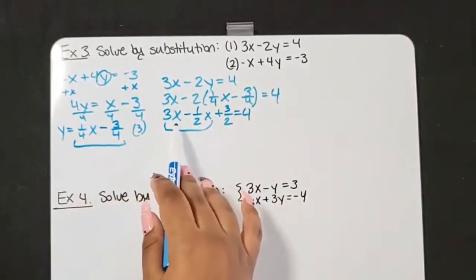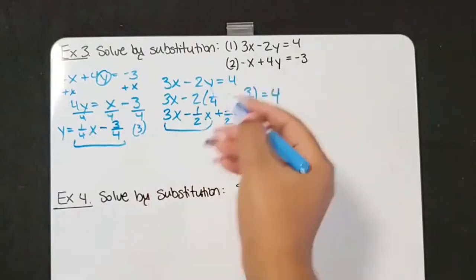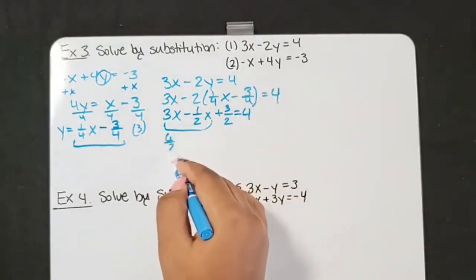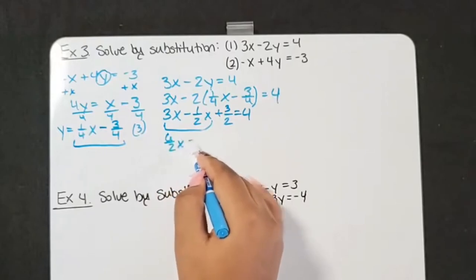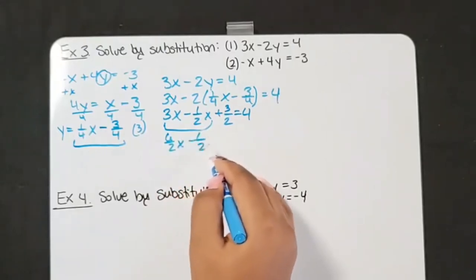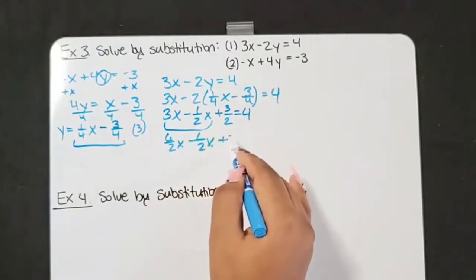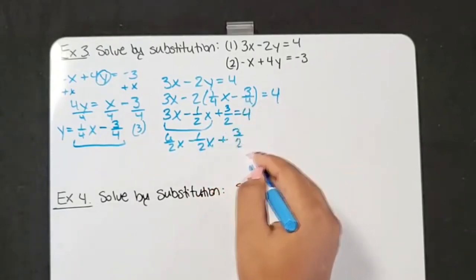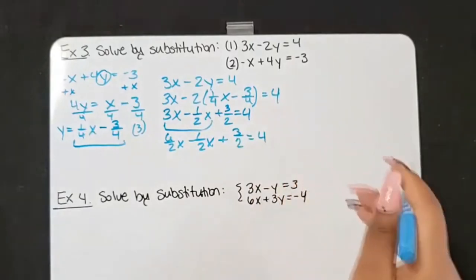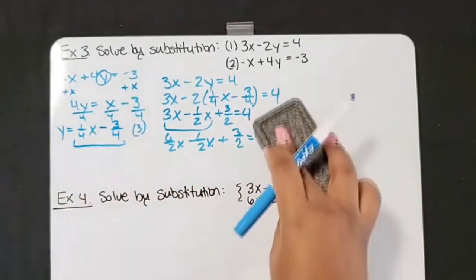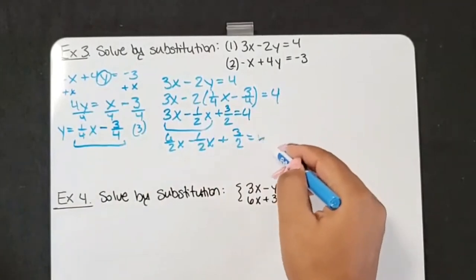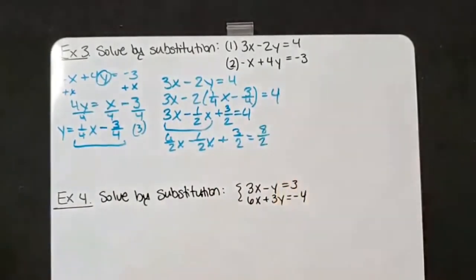So 3x as a fraction would be 6 over 2x. Then we got minus 1/2 x plus 3 over 2 equals 4, which is the same thing as 8 over 2.